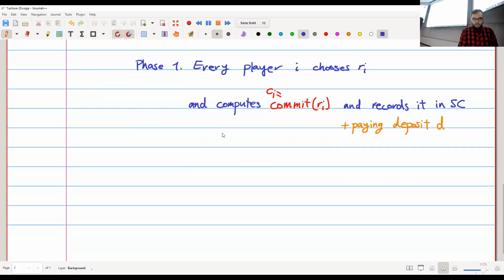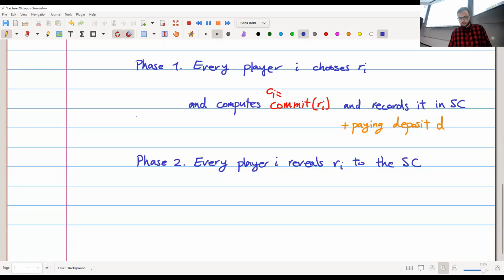Okay, now in the second phase, I want my players to reveal. So phase 2 says that every player, again, let's call it player I, reveals RI to the smart contract. Okay, now what are the properties that I like to have in this ideal commit and reveal? Well, first of all, I want to make sure that my smart contract can really verify that the player had actually committed to this RI.